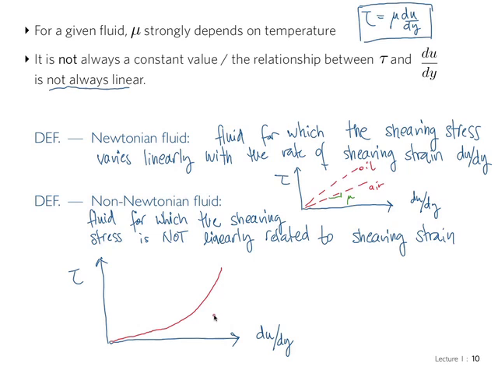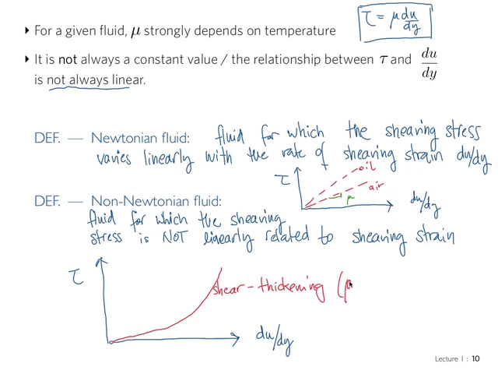And the increasing slope means that, well, basically the slope is increasing, so the viscosity is increasing, right? And we call something that behaves in this way a shear thickening fluid. It gets thick as we shear it. Shear thickening. Okay.